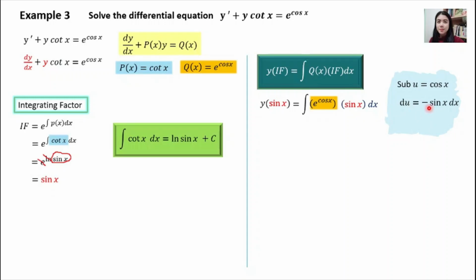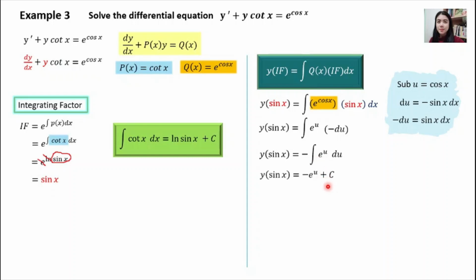So you have to bring the negative to the left hand side, and you will have negative du equal to sine x dx. Now let's do the substitution. This is e to the u, and sine x dx gives you negative du. If you simplify it, that is what we get. Integrating e to the u will give you e to the u, plus C.